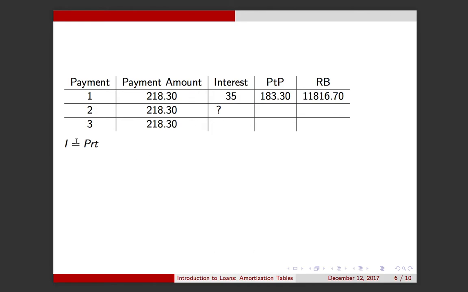And again, to calculate that, the bank must use this formula, PRT. It's just that now the principal is actually different because you do not owe them $12,000 anymore. They can't charge you interest on $12,000 in this line of the table, the second line, because you don't owe that anymore. They would be cheating you if they did that.